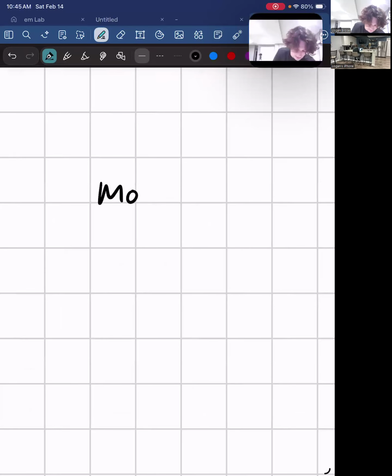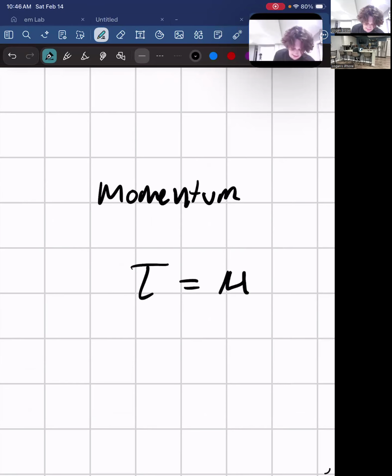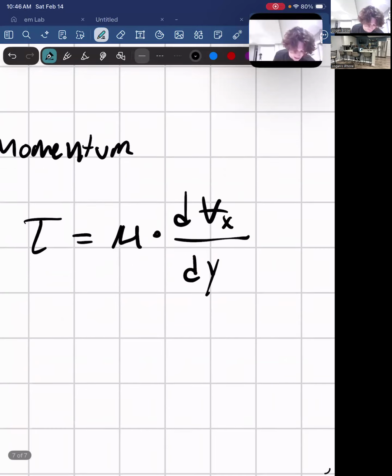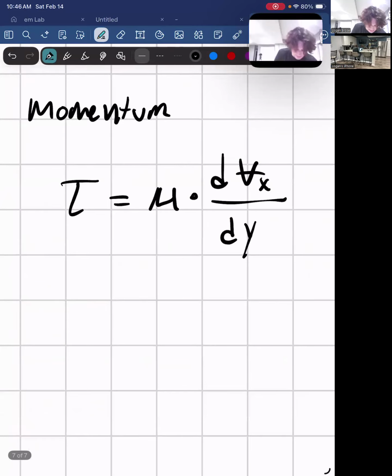So our momentum, like I said earlier, is tau equals the viscosity times the shear rate, which is our change in velocity in the x direction over the change in y. This tau has a unit of force over area.